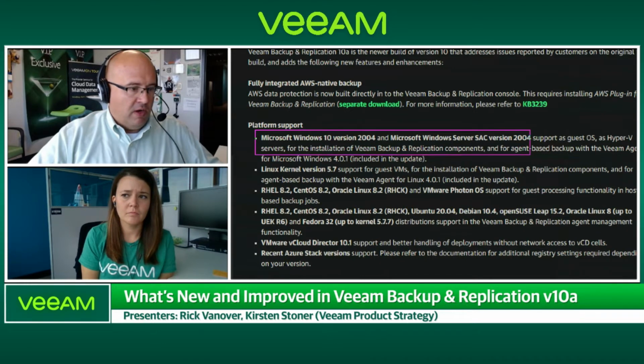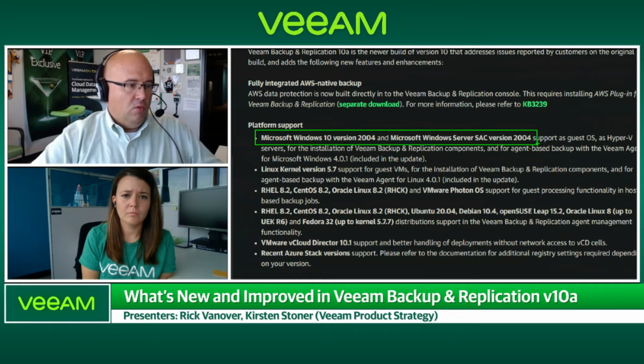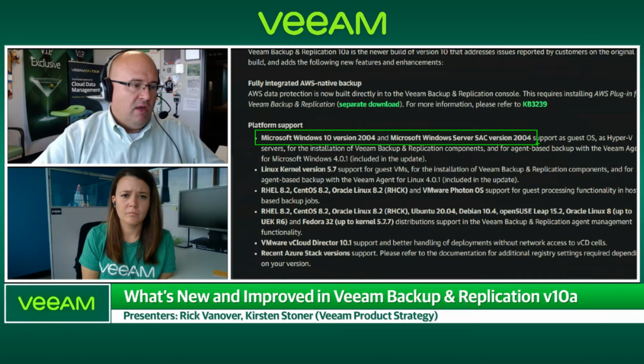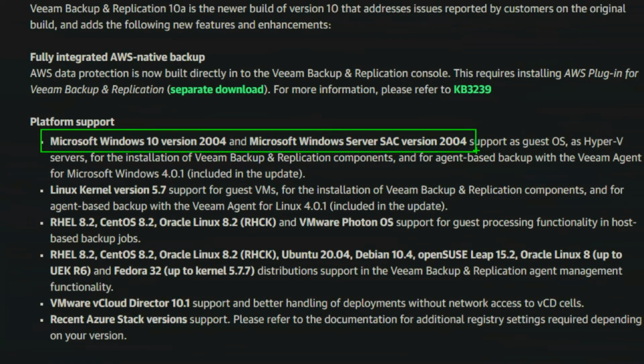So let's go right here. The Windows 10 version 2004 and the Windows short-term cycle 2004, both are in there. And it's as a guest, as a Hyper-V server, installing the components, and agent backup with Veeam Agent for Windows. I forgot about that. So the matrix for platform support is really significant.